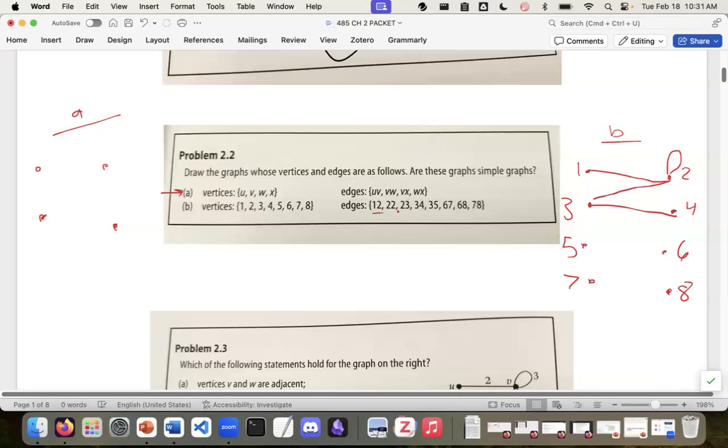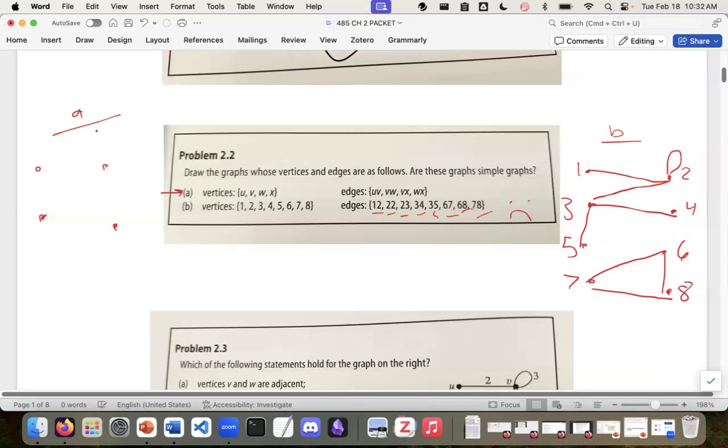We've got this one, this one, this one. 3 goes to 4, 3 also goes to 5. 6 goes to 7. 6 goes to 8. And 7 goes to 8. Is it simple? No.